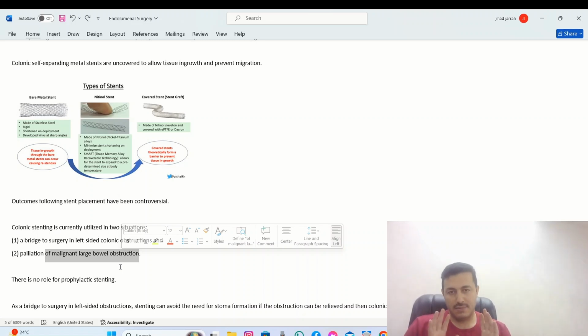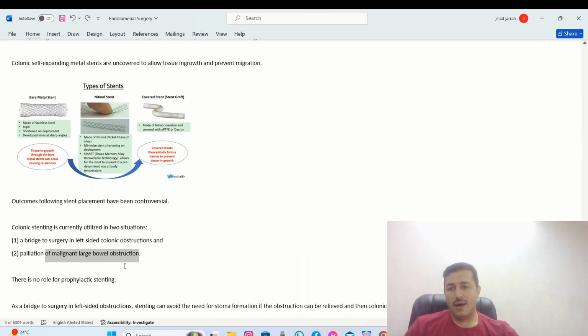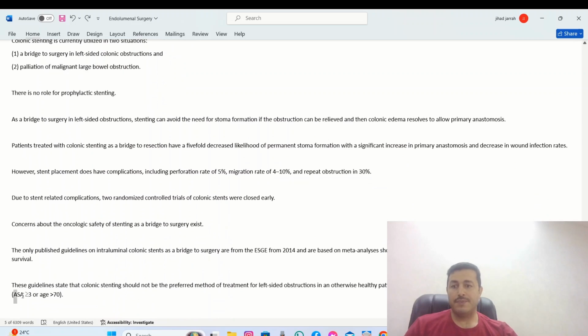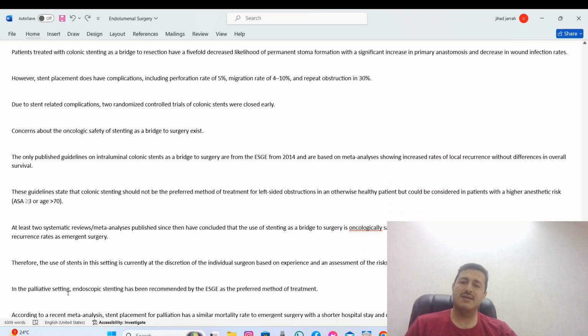Some studies say that stenting is preferable as a bridge if the ASA is more than 3. I think it's written here. Anesthesia score more than 3 and the age is 70. This is because when we use the stent, the risk for local recurrence is higher, so it's not needed for a healthy patient. This is not absolute information because some studies proved similar rates of local recurrence.